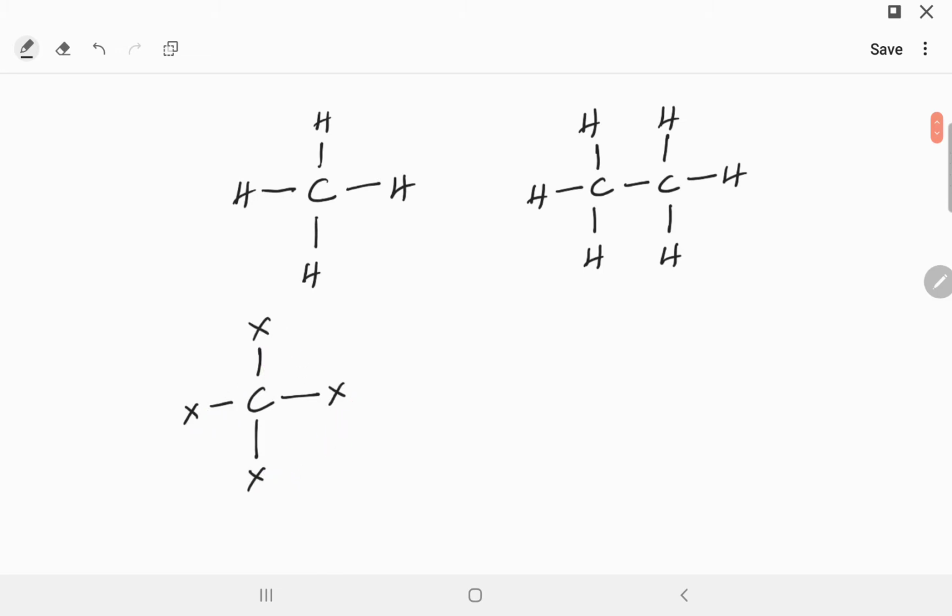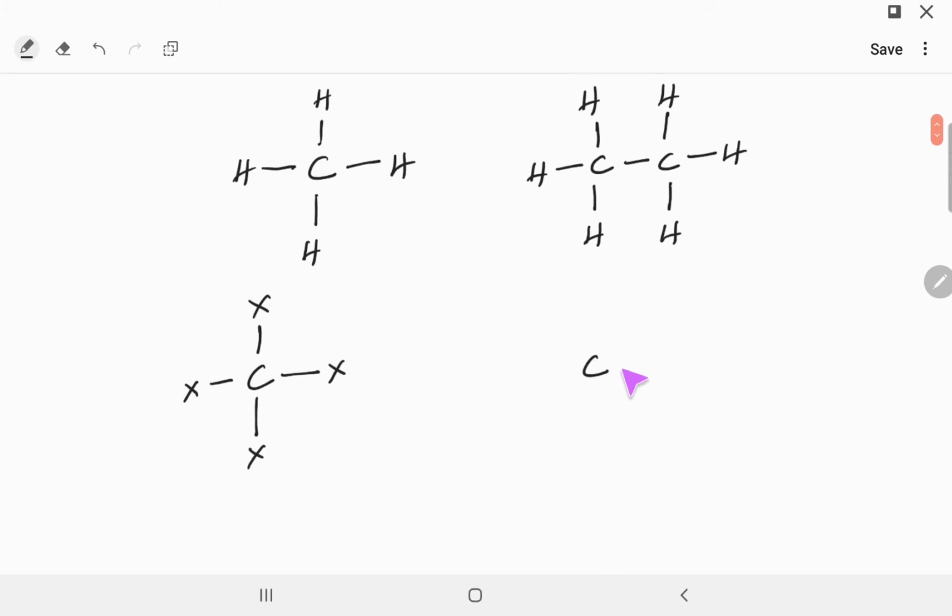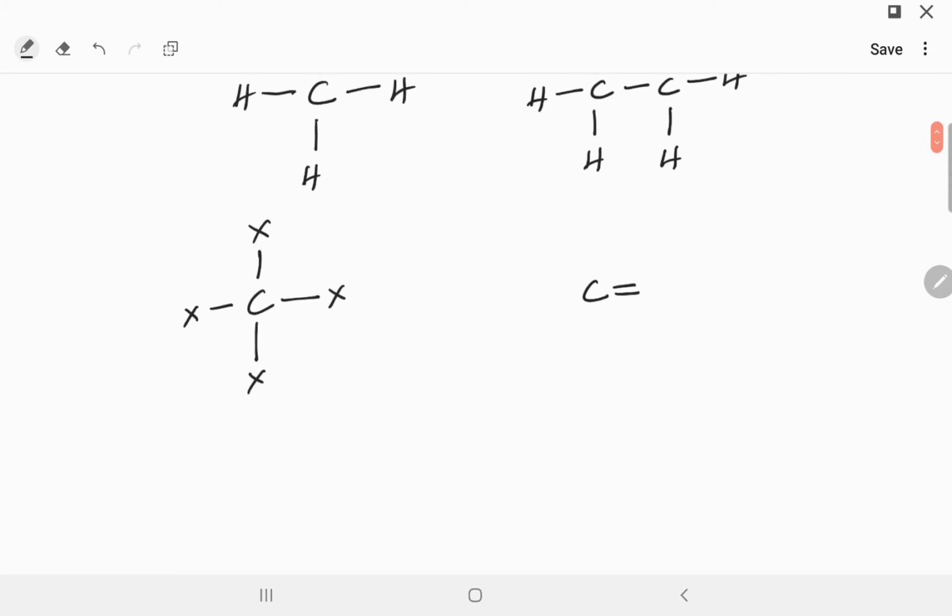Sometimes you might have sp2 hybridized carbons. That means carbons with a double bond. That carbon already has 2 bonds, so you need 2 additional bonds. This could be another carbon, hydrogen, and this carbon should also have 2 more bonds, and let's say those are also hydrogens.